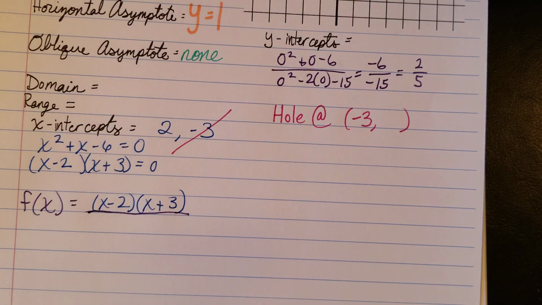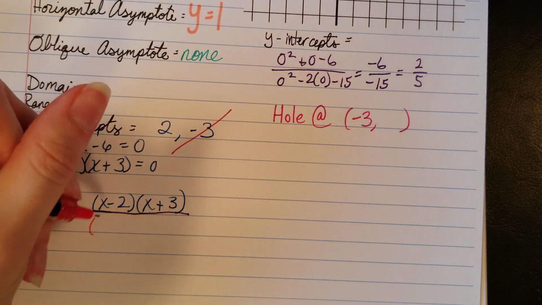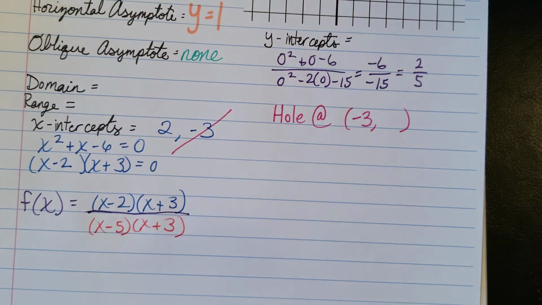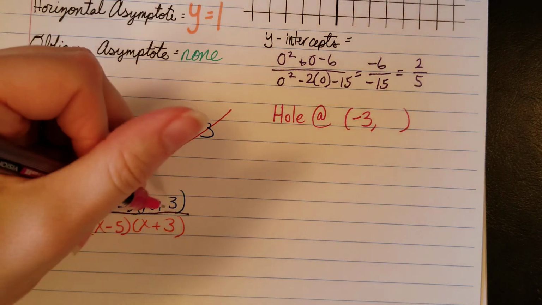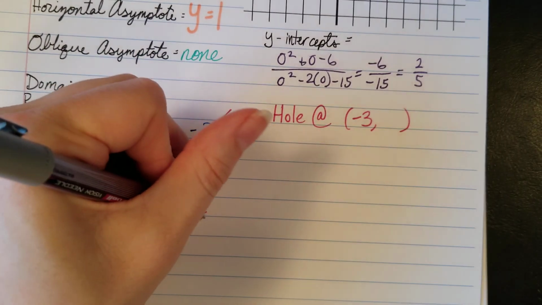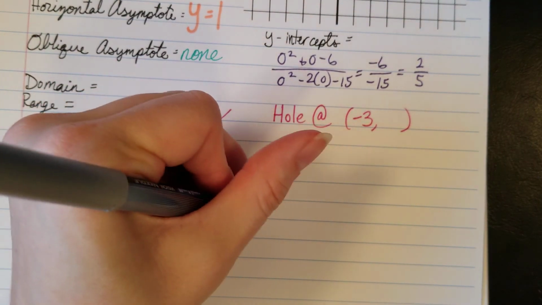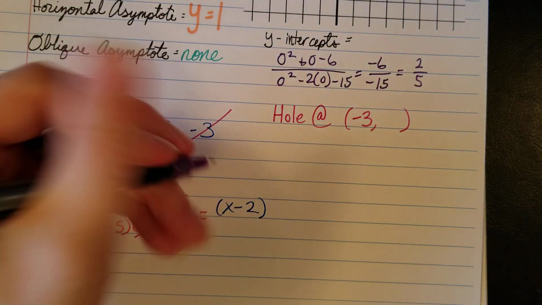And when we factored the denominator, it was x minus 5 times x plus 3. Okay, so let's cancel this out. And then we just have x minus 2 over x minus 5.